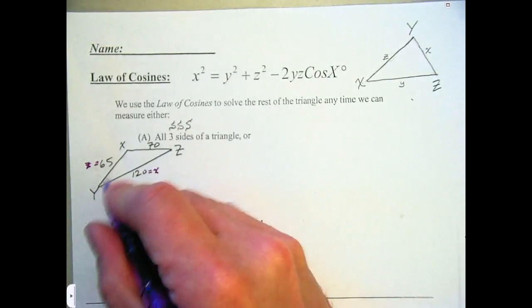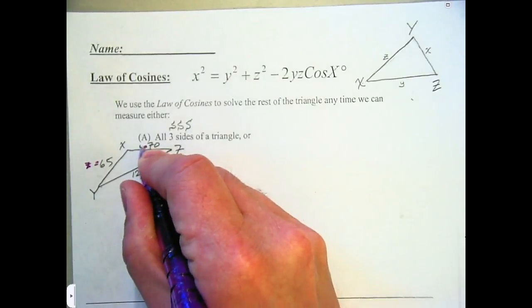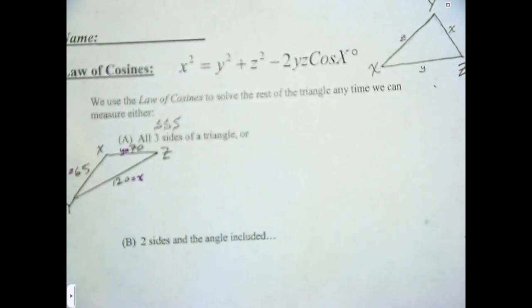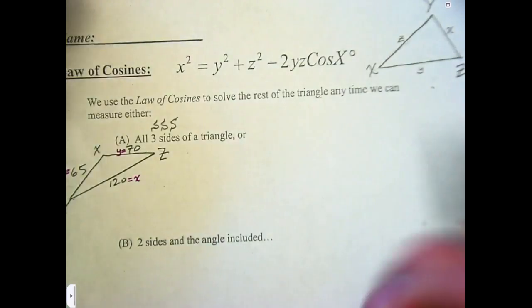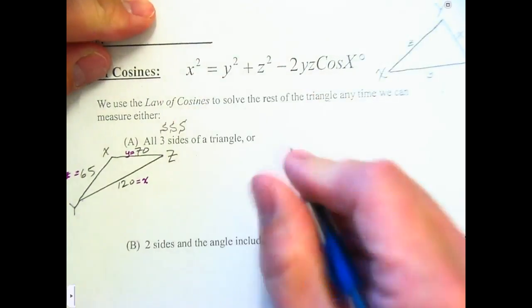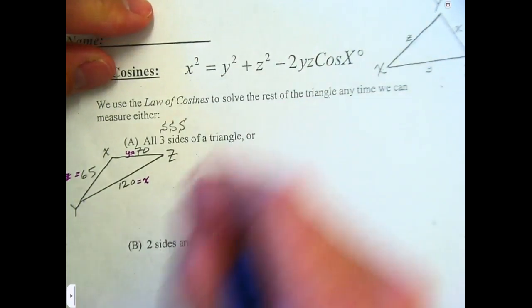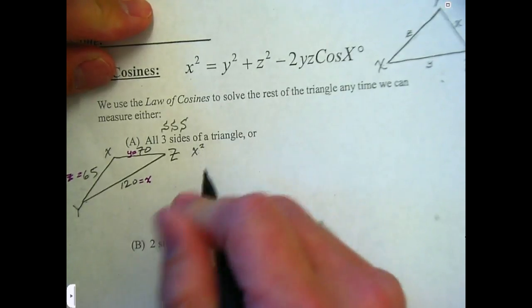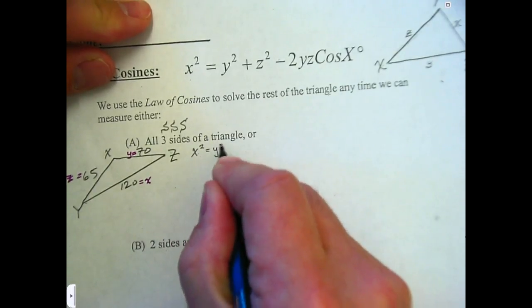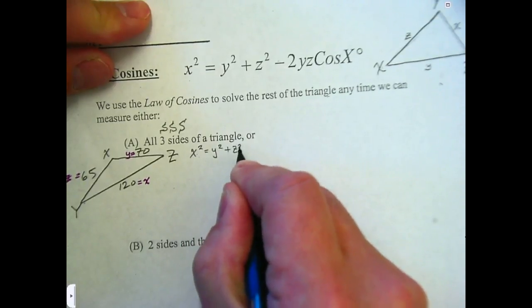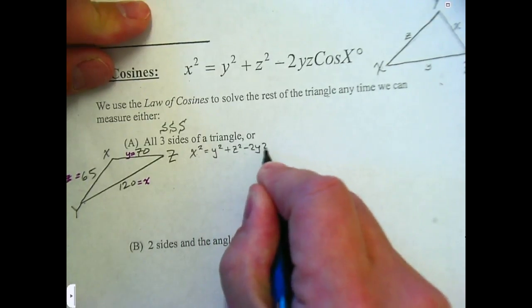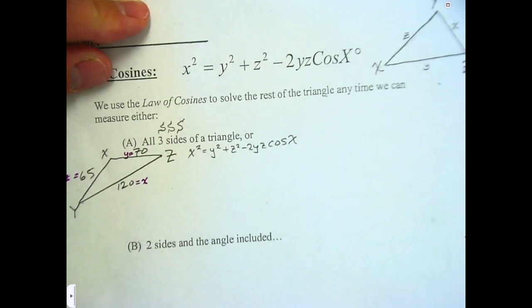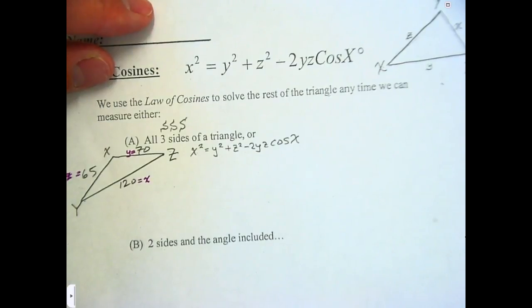That is X. And this one is Y, opposite Y. So there we've got X, Y, Z. If I am finding angle X, the first thing to do is write down our formula: x squared is equal to y squared plus z squared minus 2yz cos X. Fill in the pieces you know.